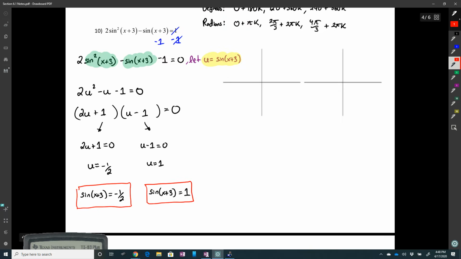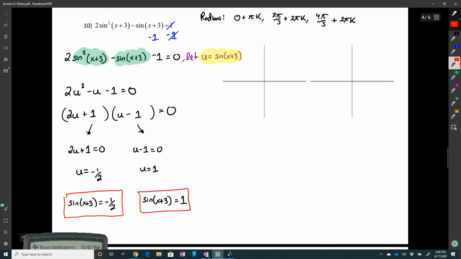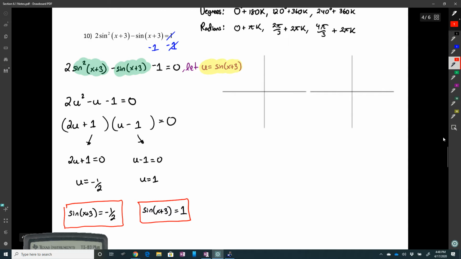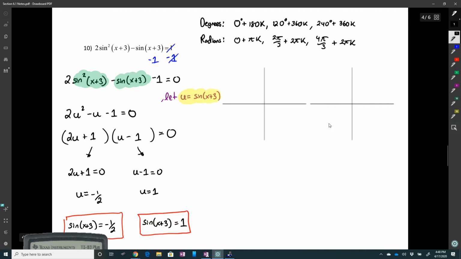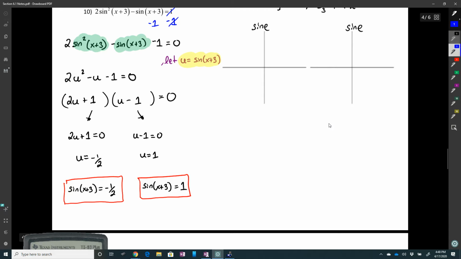So let's go ahead and solve it. Here I have 2 sines, so I'm going to make each of these little tables here a thing for sine. This is for sine, and this is for sine. The first one, we have sine is negative half. Okay? Sine is positive on top, negative on the bottom.